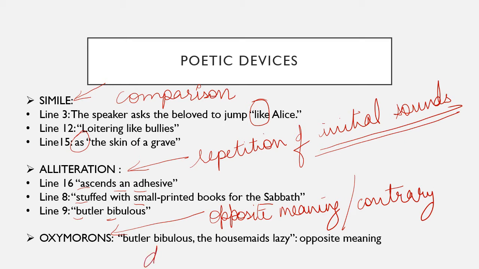Bibulous here means drunken. When we do the lines, even then I will explain this to you. Butler is supposed to be the manager of the house, managing the household, doing chores, and he is supposed to be a very well mannered fellow. So bibulous butler, a drunken butler itself becomes an oxymoron.